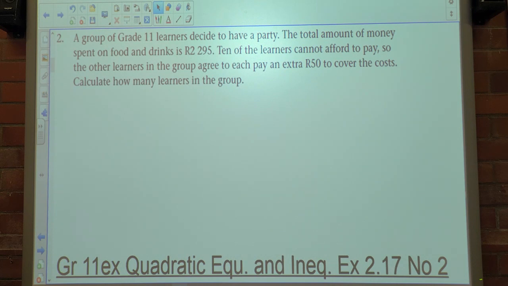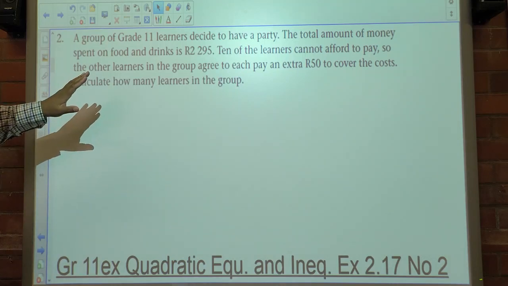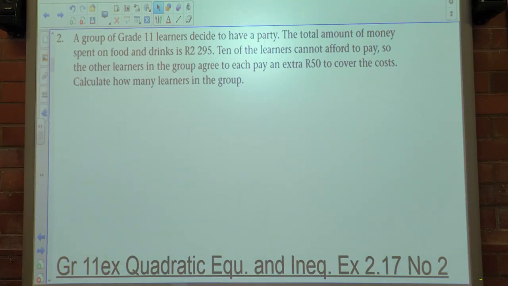A lot of money. Eh? 10 of the learners cannot afford to pay. So the kind of friends we are, we say, no, come anyway. No? But you guys, girls, different kind of girls. You definitely tell them you'd rather stay at home. When I grew up, many years ago, we would say, no, come, and we'll cover the cost. Okay, you guys are different.